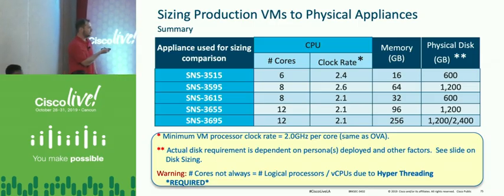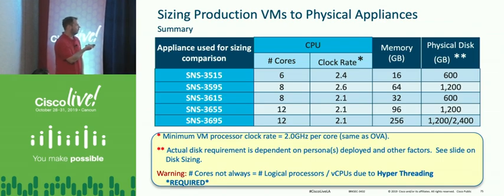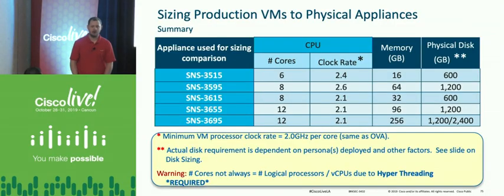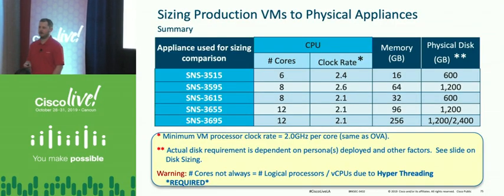The disk size is recommended depending on the persona. So for example, if I'm running a 3695 and it's acting as a PSN, 1.2 terabytes is okay. If it's running as an M&T node, it should typically have the 2.4 terabytes of hard disk space.